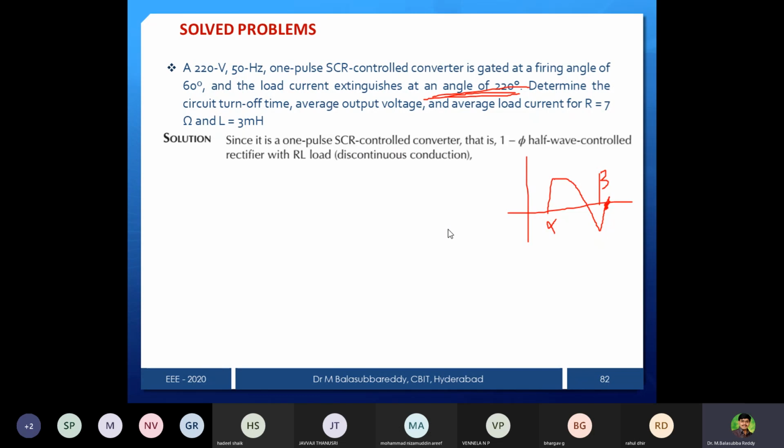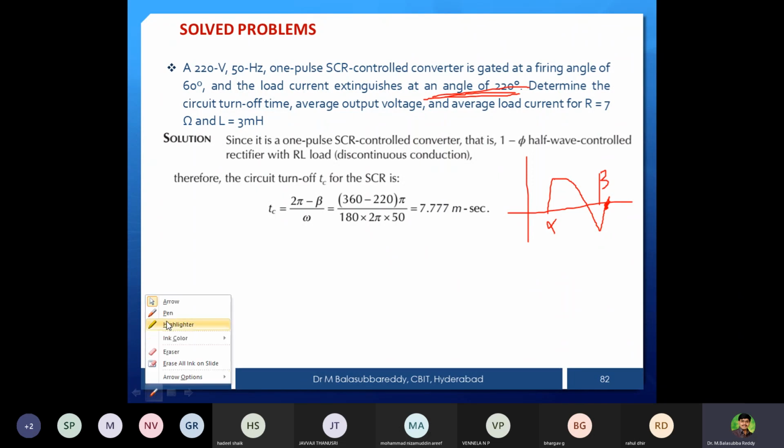So for that, omega Tc, I can write as 2 pi minus beta. This is one complete cycle. For a one pulse converter, the next pulse will be 0, so the full cycle is 2 pi.